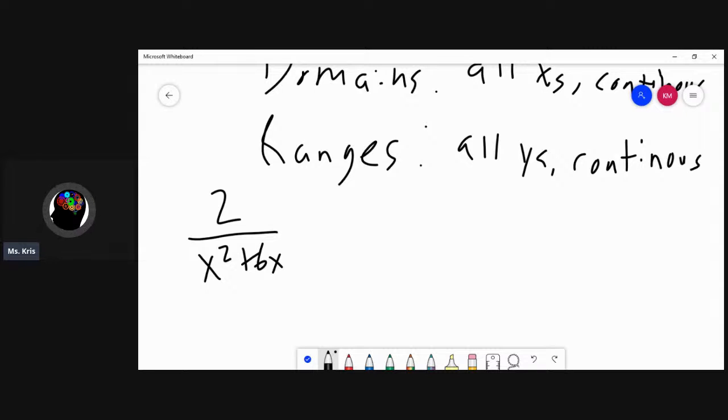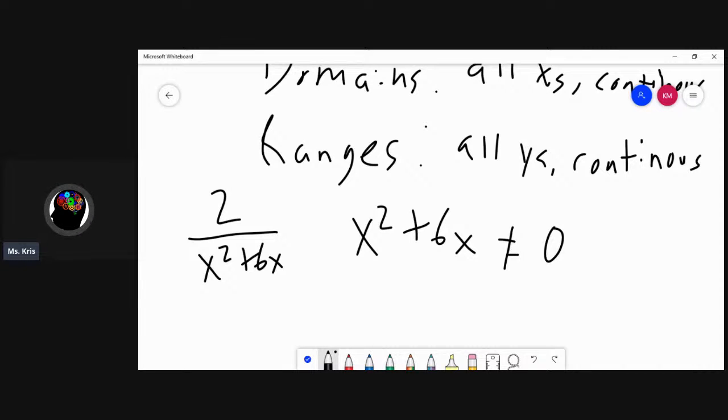Now, for my domains, of course, are always based on my x's. Well, x squared plus 6x cannot equal 0. So we need to know where are the blips or the asymptotes or the place where the graph becomes undefined.